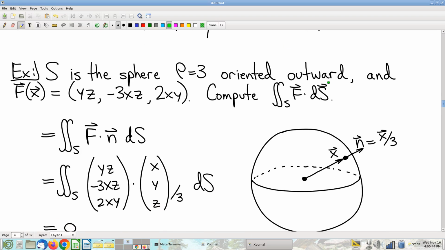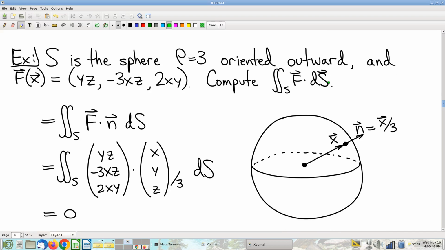So here you go. First example. Suppose we are looking at this sphere, oriented outward, by the way. And I want to look at this vector field and compute the flux of that vector field through that sphere. Fine.